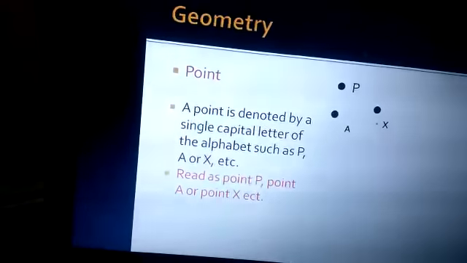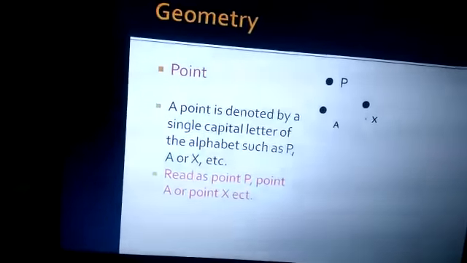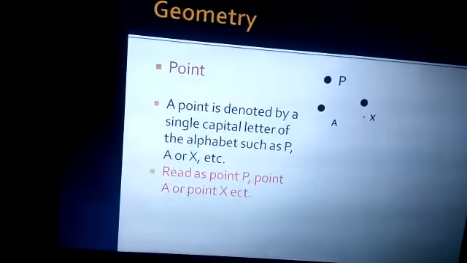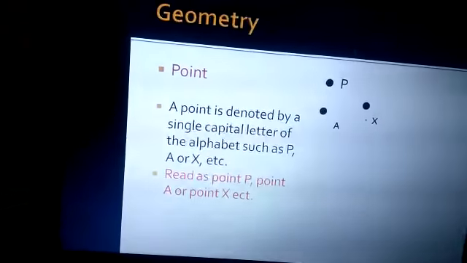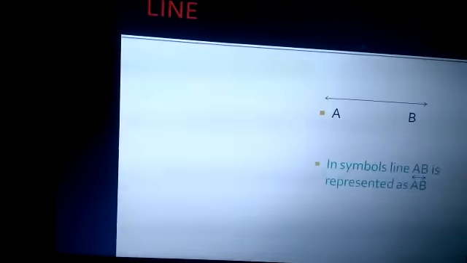A small dot marked by a sharp pencil on a sheet of paper or a hole made by a fine needle on a paper. These are the examples of points.